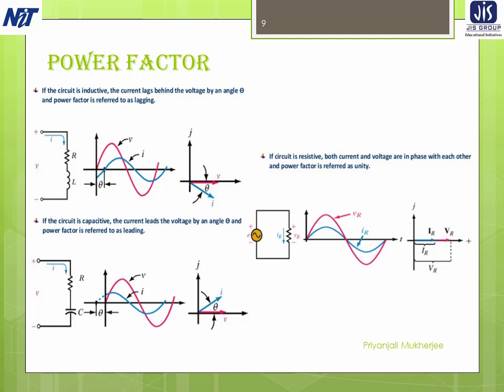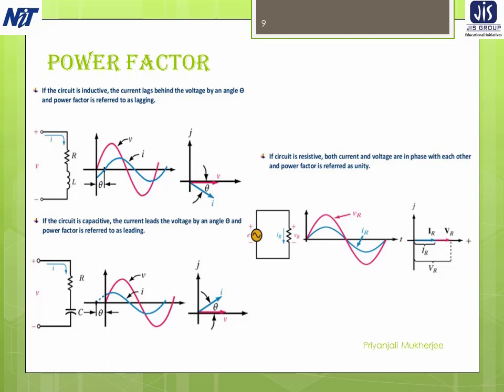Same phase means there is no phase difference between them, and here the power factor becomes unity. In this phasor diagram we can see that voltage and current are in the same phase, but the magnitude of current is less than VR, and there is no phase difference between VR and IR.